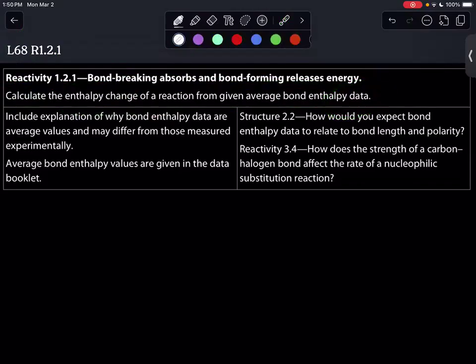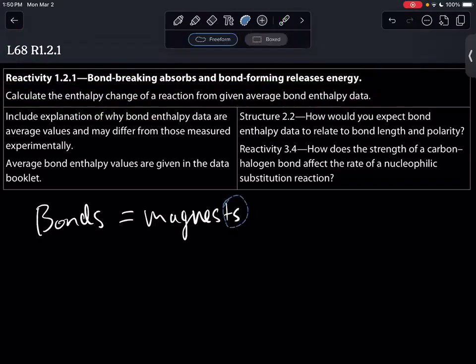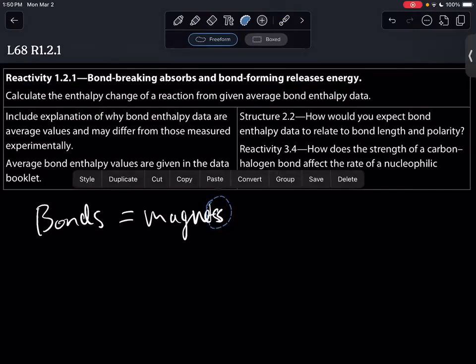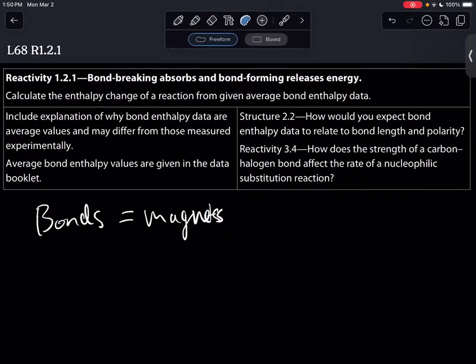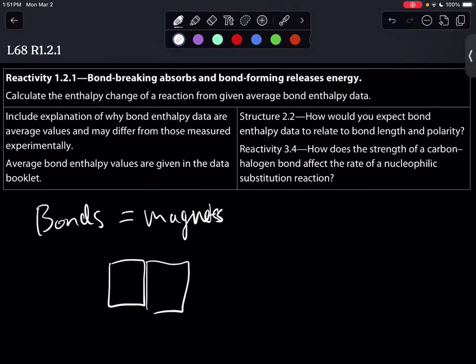So when we go into this, what we need to know is that bonds are pretty much magnets. When you think of a magnet, you think about two things together, and they're probably attached. Maybe we'll just use some bar magnets, north, south, which kind of represents the electromagnetic pole between them.